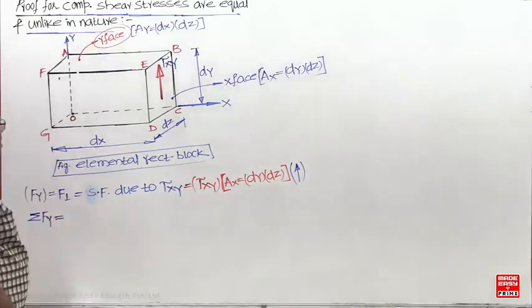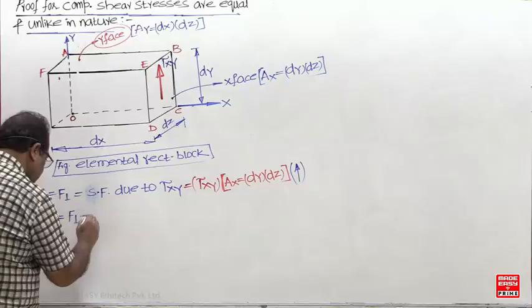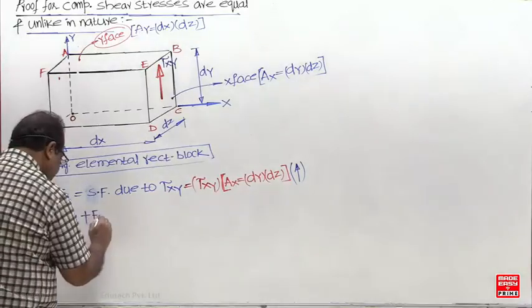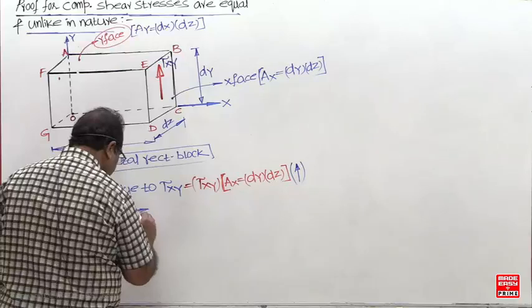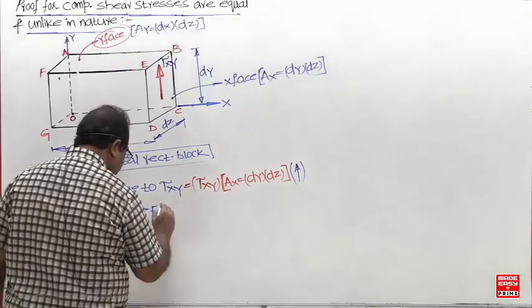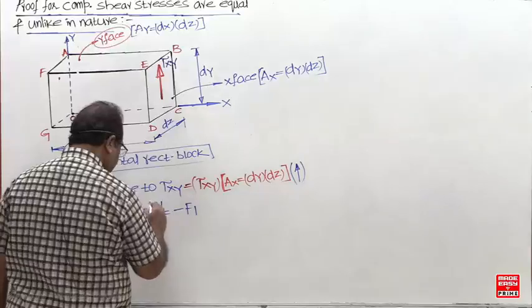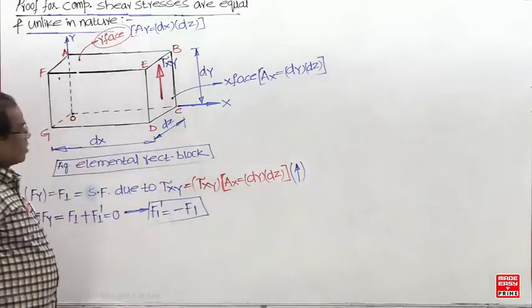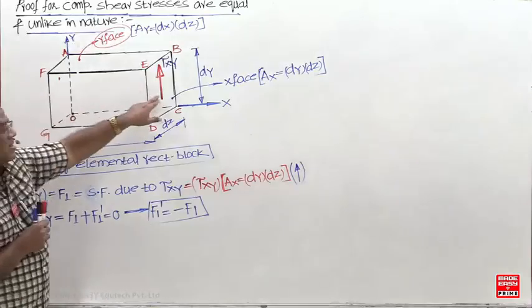Sum of the force in y direction should be 0, so we need one force in the downward direction. But these two areas are the same.